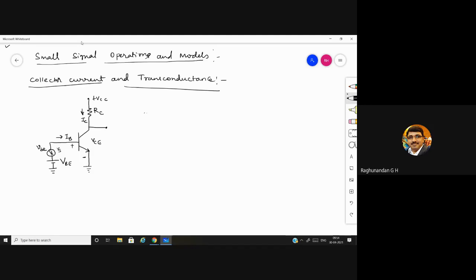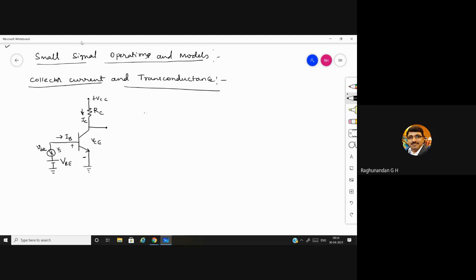Now, the AC signal vbe is superimposed on the DC bias voltage VBE to give the total instantaneous base emitter voltage. So I'll repeat again: the AC signal is superimposed on the DC bias voltage to give the instantaneous base emitter voltage.